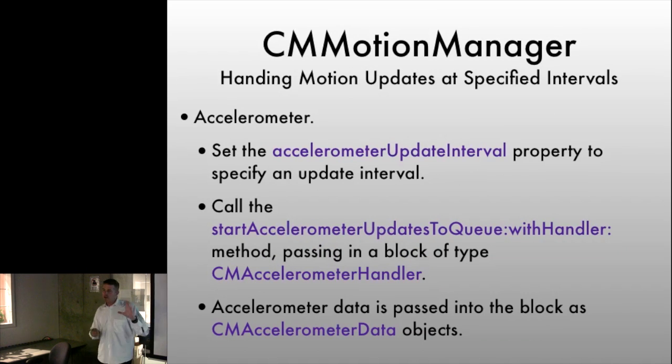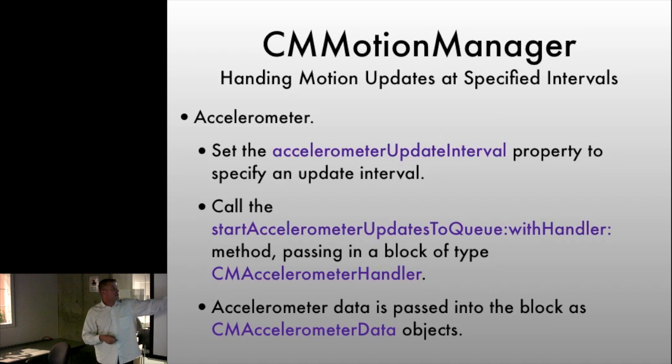Here's what getting updates at specified intervals, the interrupt sequence, looks like. For the accelerometer, the update interval property gives you the currently set interval, and you can set the time interval that you want to be interrupted with motion manager data, in this case accelerometer data.